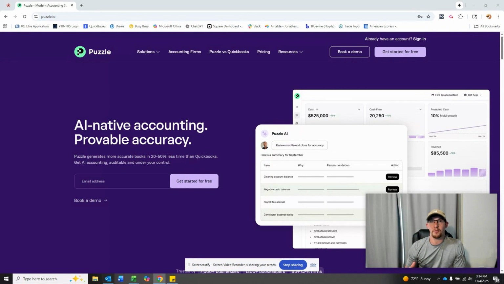And a lot of platforms, actually most platforms, don't. Now that I think about it, Puzzle might be the only one that I've interacted with that doesn't have an Excel spreadsheet out on a shared drive somewhere for people to put their initials next to. Puzzle has the close checklist within the platform.